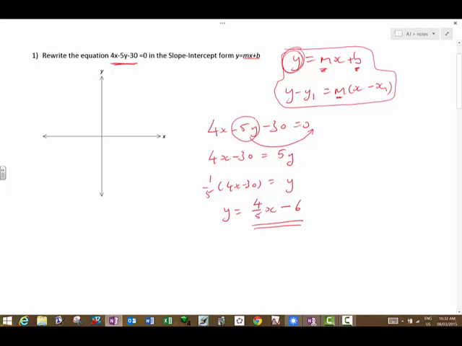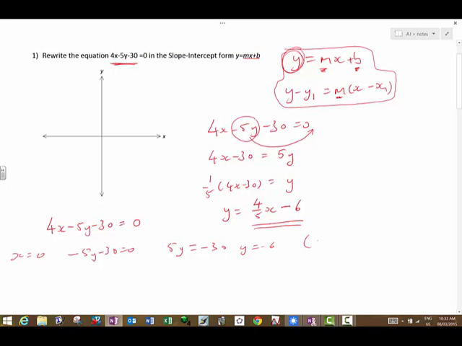Now, going back to the previous video, 4x minus 5y minus 30 equals 0 is actually a really good method to find the intercepts quickly. If we let x equal 0, then we're left with minus 5y minus 30 equals 0, or in other words 5y equals minus 30, so y equals minus 6.